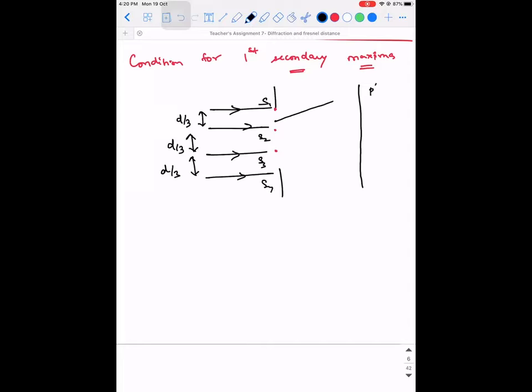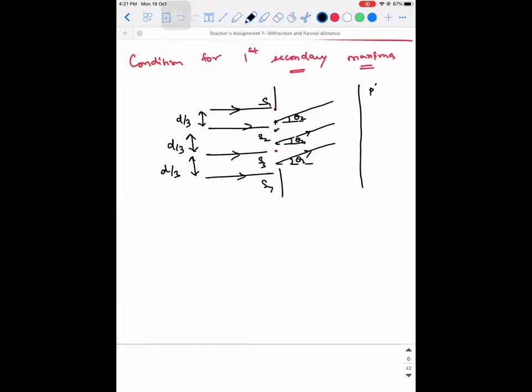Let's say it is going to point P dash. If this ray is getting bent by an angle theta 2, between S2 and S3 you can find a ray which is exactly symmetric to the ray coming from between S1 and S2. Between S3 and S4, you can find another ray which is exactly symmetric, such that all the rays will get bent by the same angle, theta 2.